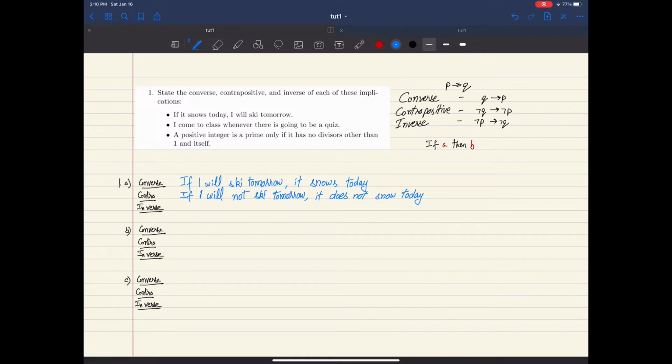And for the inverse, we are just taking the negation of both the statements. That will give you if not P, then not Q. So it is: if it does not snow today, then I will not ski tomorrow.